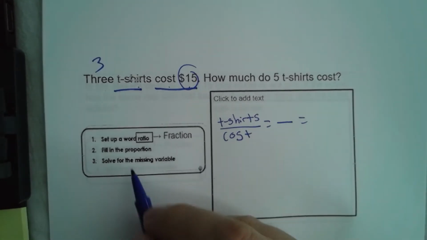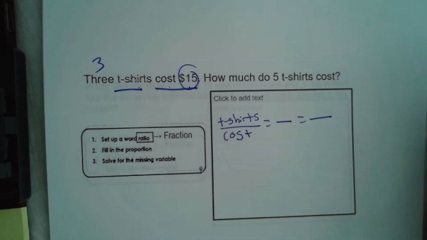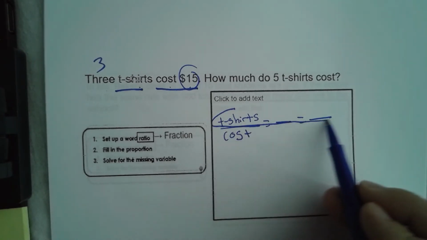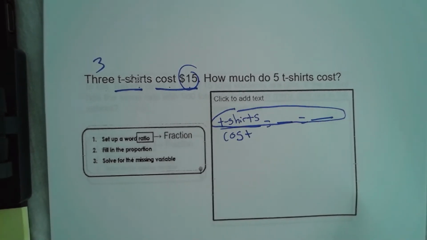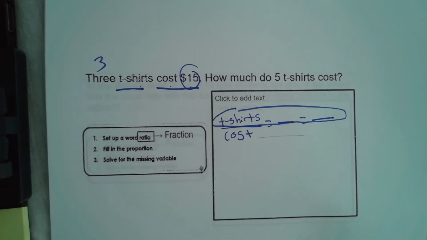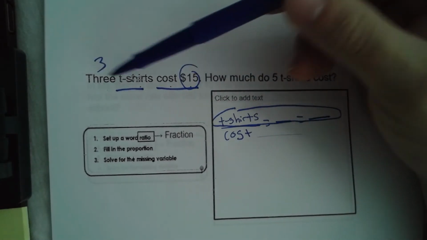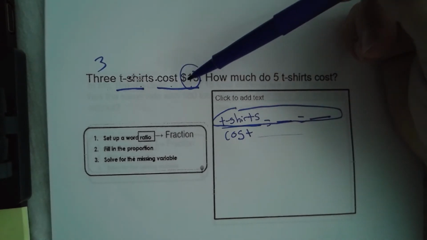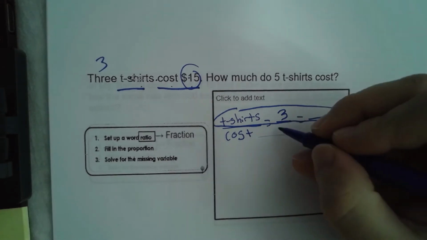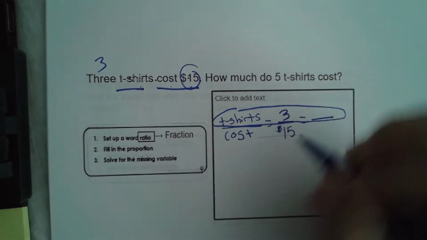So let me do step 2, fill in my proportion. Okay? Remember, over here on the top is only for t-shirts. On the bottom, I'm going to put cost, or how much money. So 3 t-shirts cost $15. I'm going to put the 3 t-shirts on the top and the $15 on the bottom with the cost.